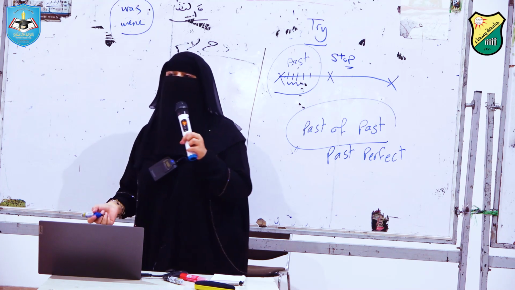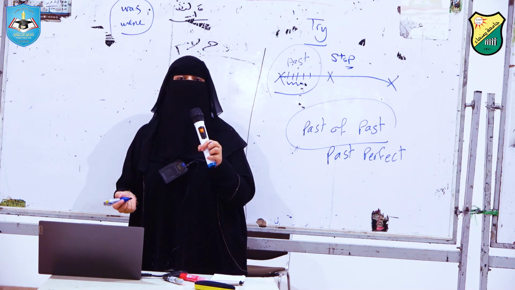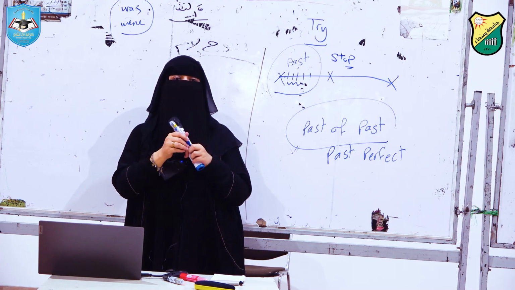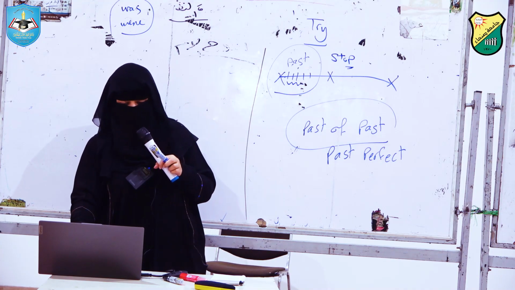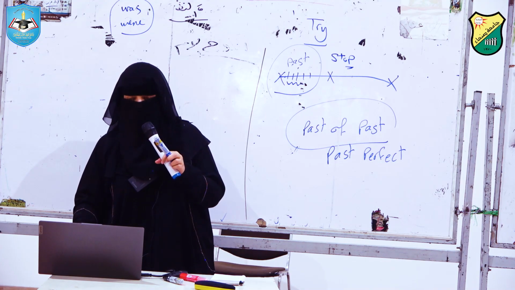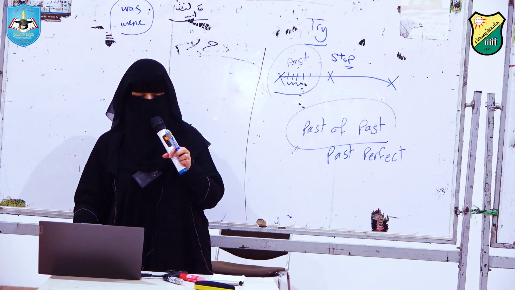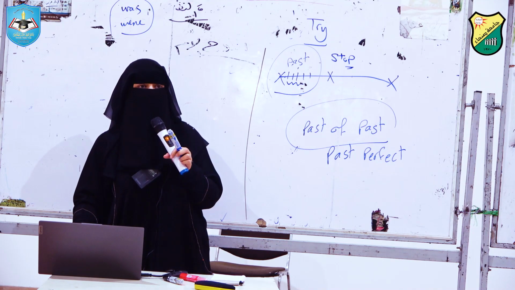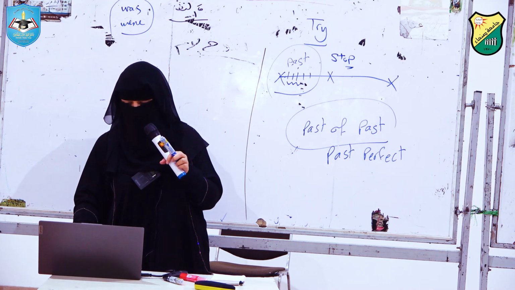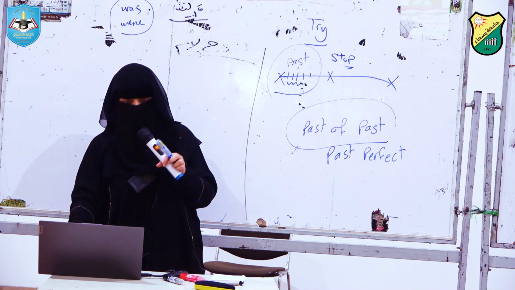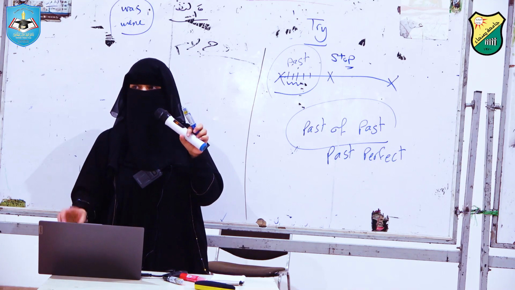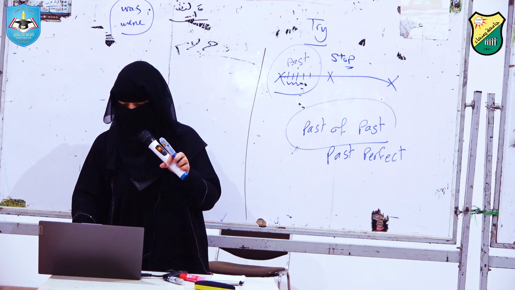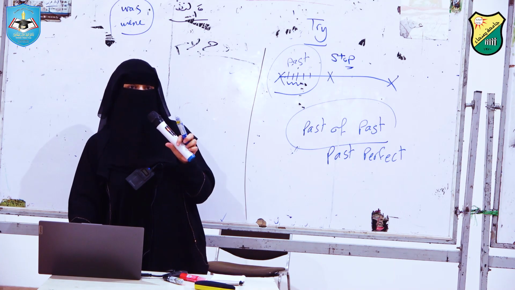This is the helping verb when writing passive, when I want to write a passive sentence. So the second one, the child ate the chocolate. Also I have the chocolate. The chocolate was eaten by the child. So if you have any question about passive, you can ask. It's easy.